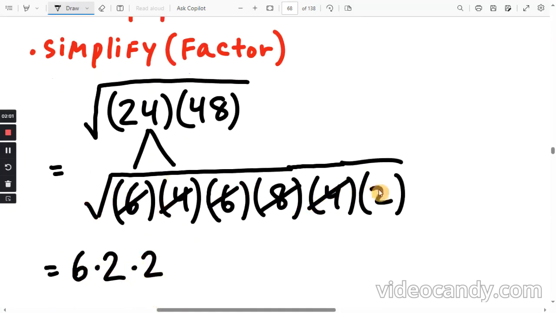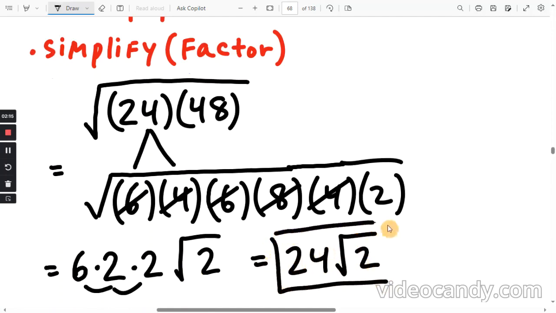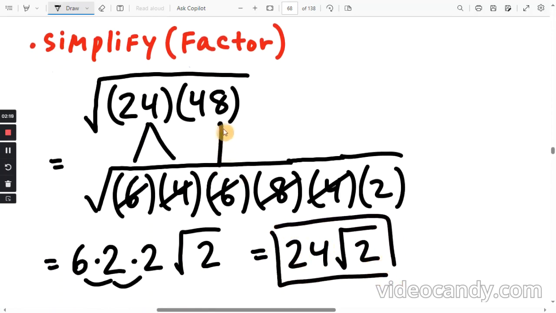The only thing left under the square root is a 2. 6 times 2 is 12, times 2 is 24. And the only thing left under the square root is 2. So it's 24, radical 2. Okay, so you basically want to break up the numbers and look for repeats, or look for a number you can take the square root of, like the square root of 4 is just 2.